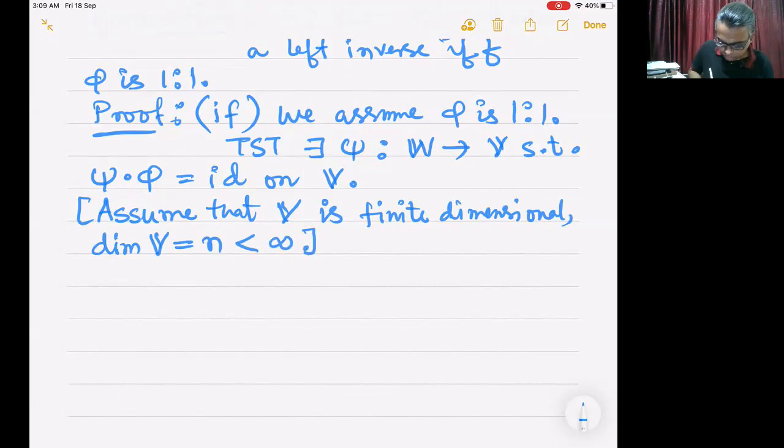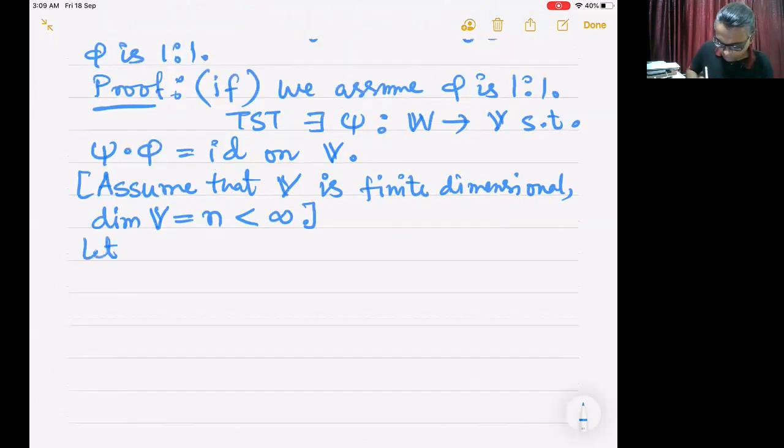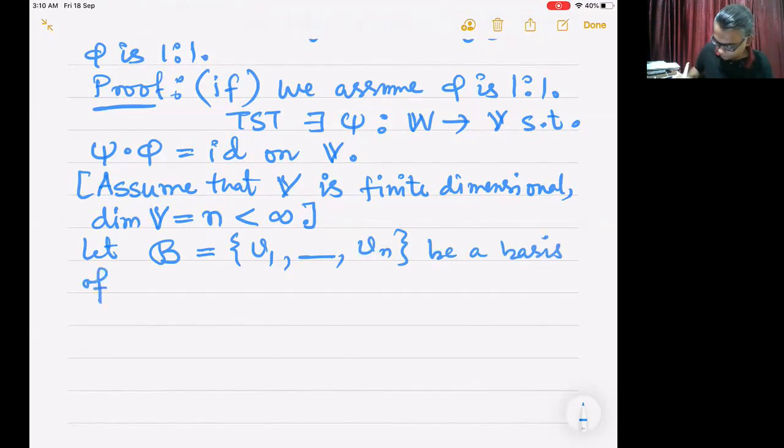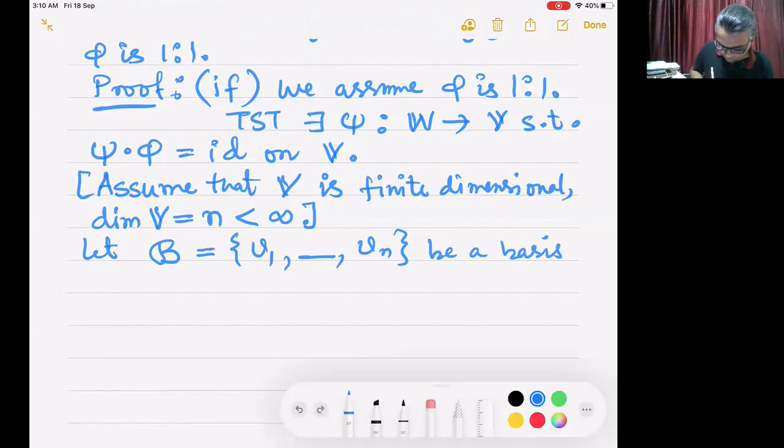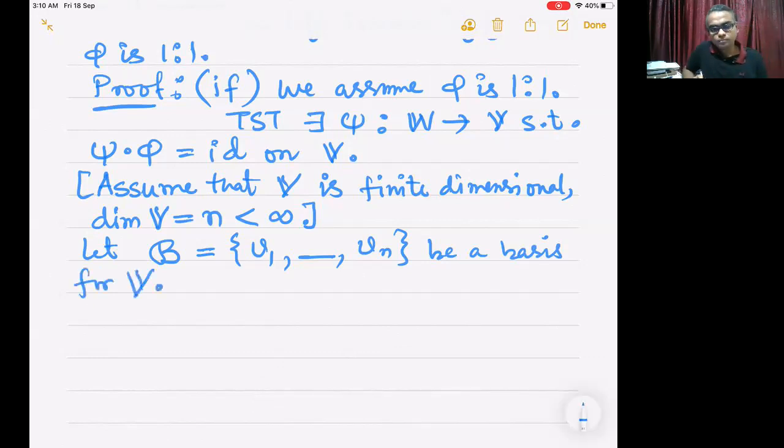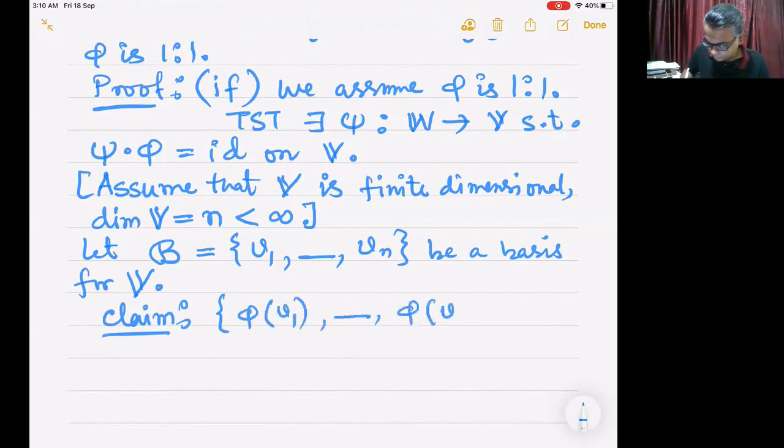Okay. So let B equal to v1 up to vn be a basis for V. First we claim that phi v1 up to phi vn is linearly independent.